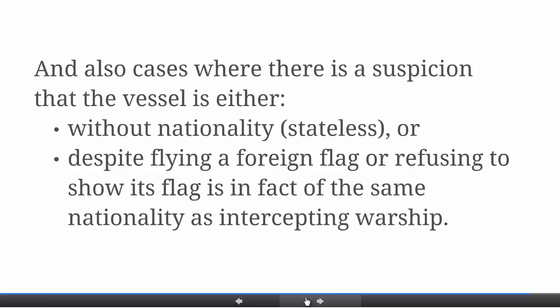The other possibility is where, despite the fact the vessel encountered is flying a foreign flag or refusing to show its flag, there is a suspicion that it is in fact of the same nationality as the intercepting warship. And that could be called a right of presumptive flag state authority. States have authority to prevent their flag being abused in such cases.